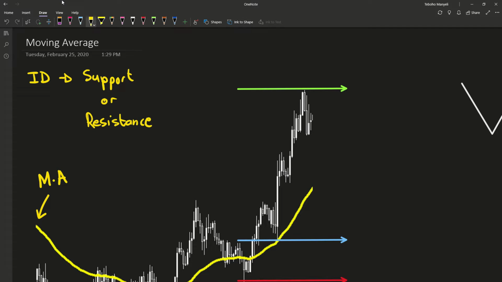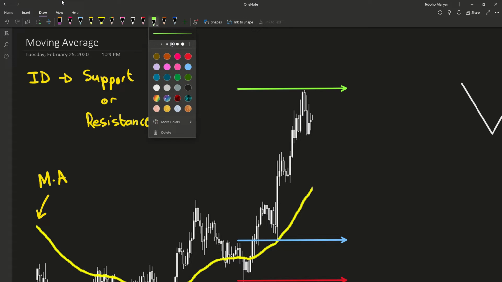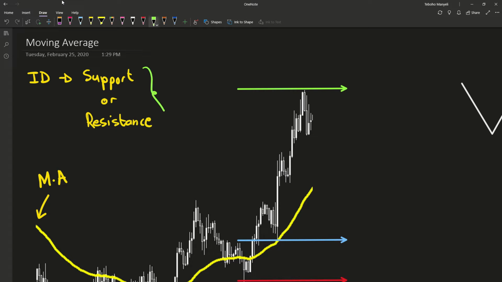Okay, so you can think about it as a moving support and resistance. All right, let me further explain this.